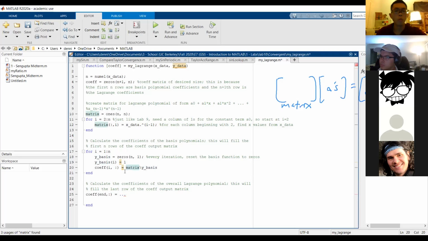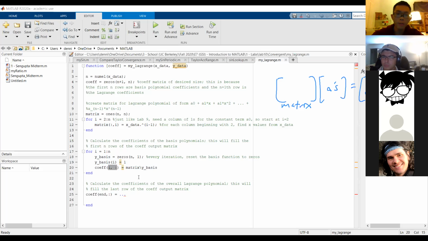And okay, one thing we'll need to do. Remember how Yuhang was asking earlier about the colon comma i? This is i comma colon, which means it's going to be a row. Now this operation over here returns a column, but we need a row. So we'll need to transpose it.